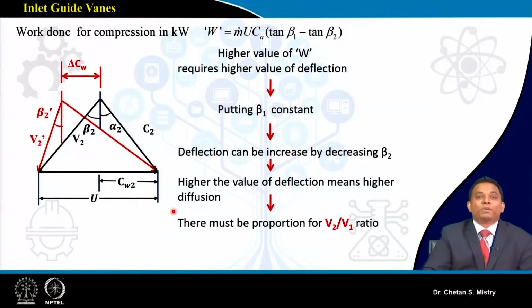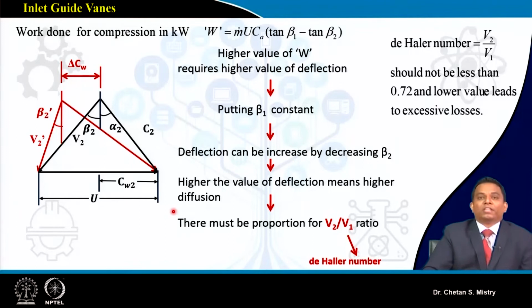There must be some proportion of your ratio V2 by V1, and that number is defined as de Haller's number. He was a British scientist who talked about the proportion for the relative velocity. We have discussed that diffusion factor is one of the parameters to calculate how diffusion happens in your compressor, and we calculate it at the design stage.